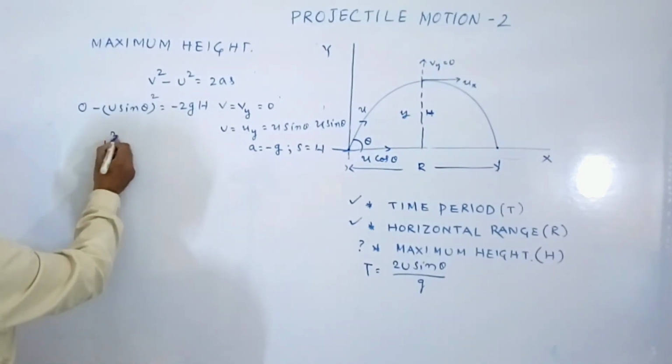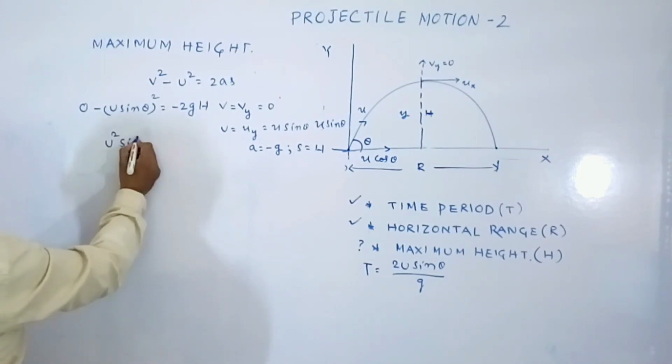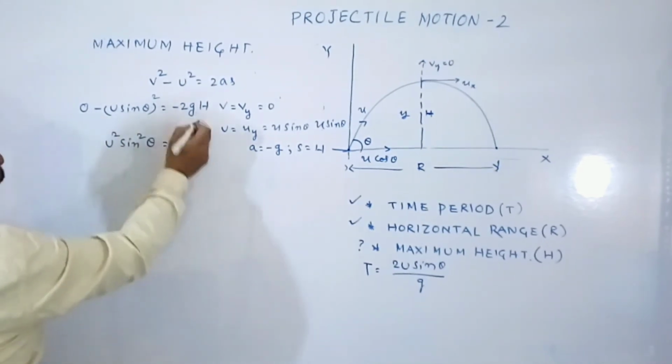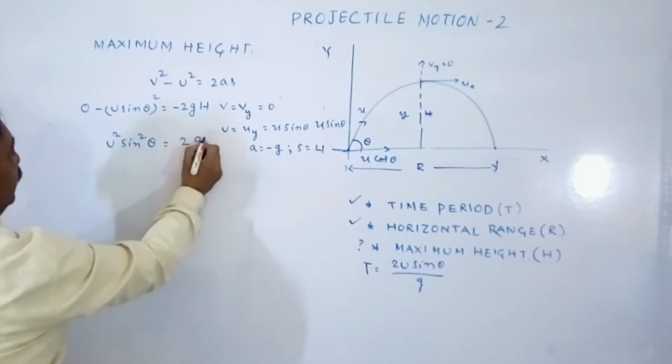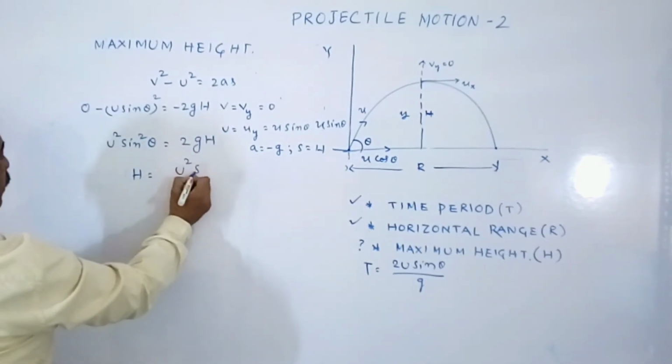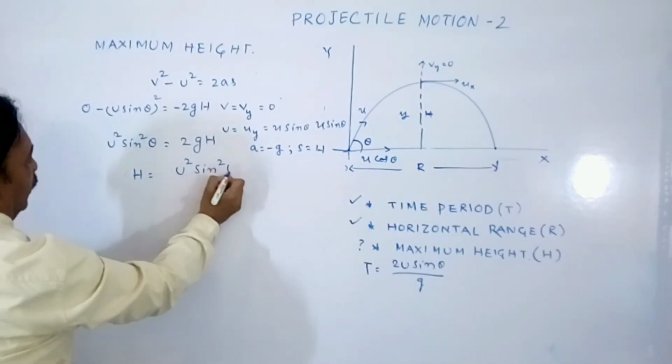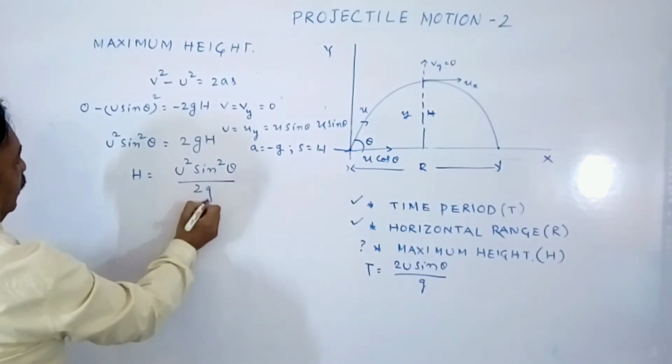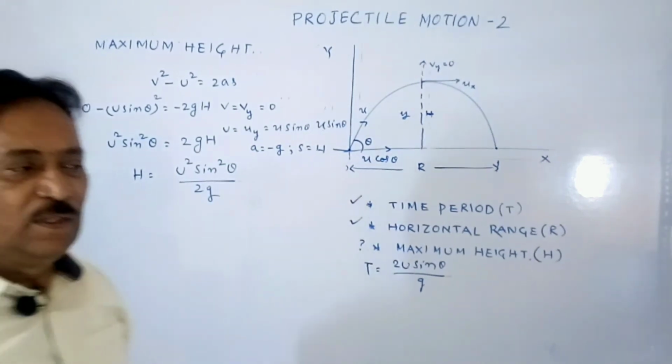In other words, u square sine square theta, we eliminated the minus, is equal to 2gh, and h is equal to u square sine square theta by 2g. This is the equation for the maximum height. What's the maximum height?